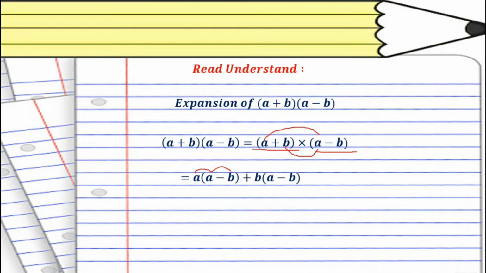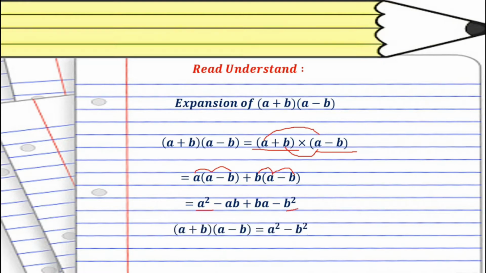So that will be a into a will be a square minus ab, and after this we multiply by b. So it will be ba minus b into b will be b square. Okay, so you will see here the step: a square minus ab plus ba minus b square.